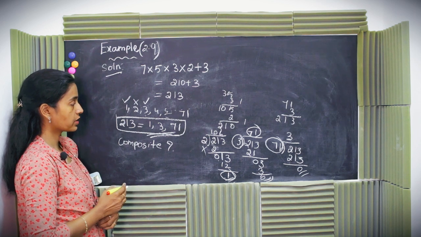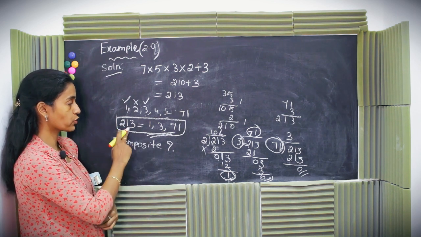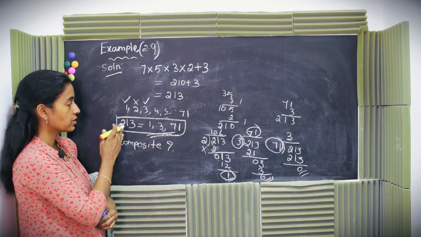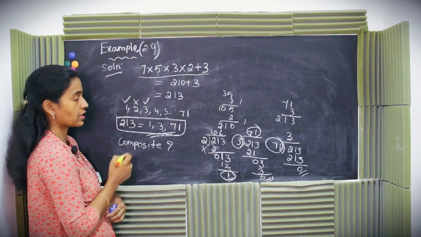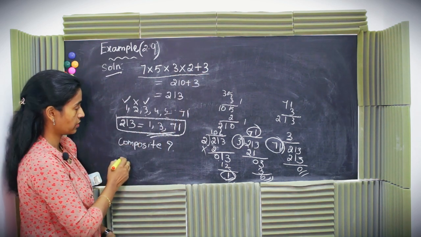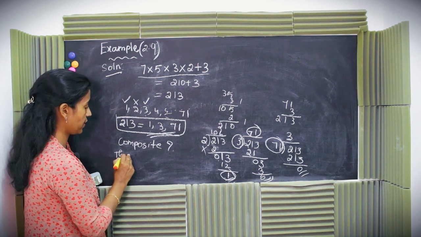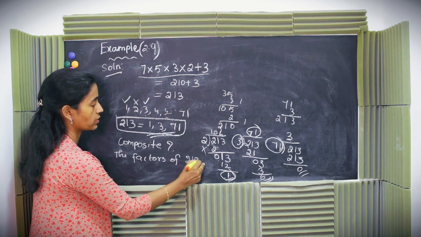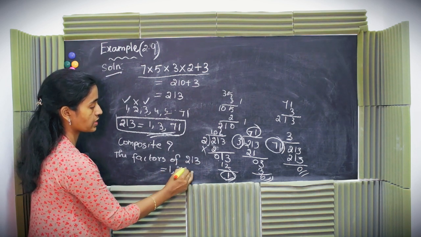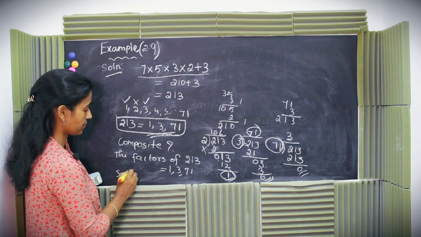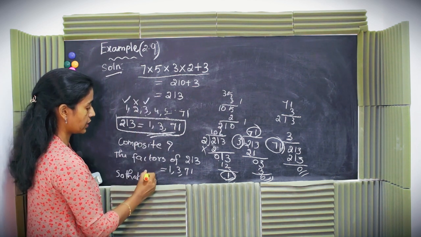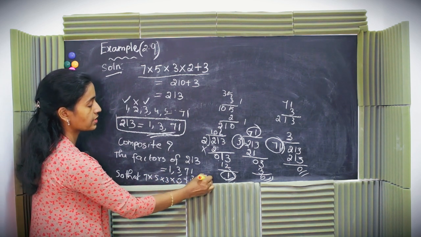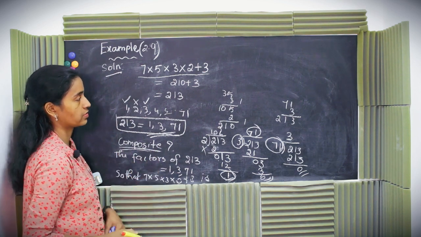The answer should be like this: the factors of 213 are 1, 3, 71, so this is a composite number. The factors of 213 are 1, 3, 71. So 7 into 5 into 3 into 2 plus 3 is a composite number.